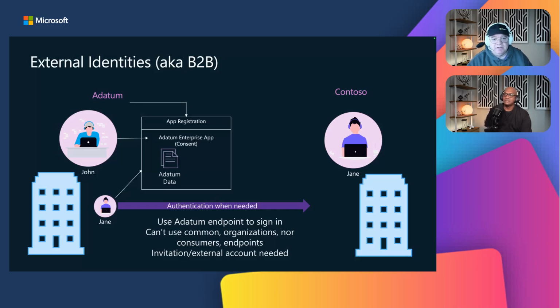We have another claim called the subject claim, which works exactly the same way, except that it promotes privacy. If I associate data with someone using the subject claim as a key, and my data is ever breached, the attacker can't go from that data back to the individual. So if you have really sensitive data and you want to do everything to assure privacy, use the subject claim as your key, as opposed to the object ID claim.